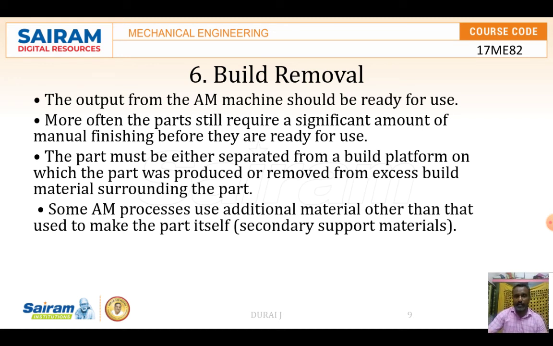Normally, build removal means the component has to be removed from the platform. For that, some of the natural methods use powder coating, with the help of which it can be removed, or some other techniques are used to remove the component from the platform. So that is build removal.